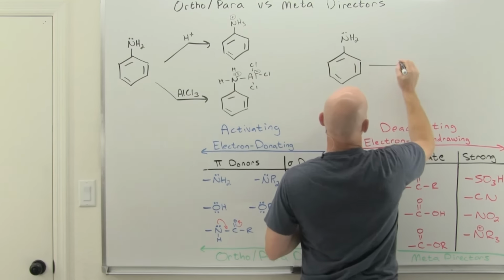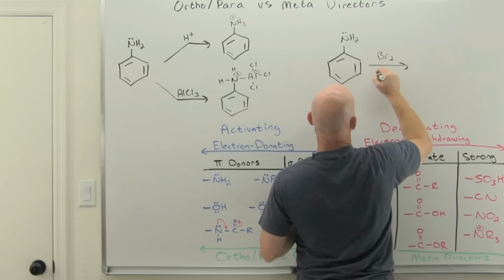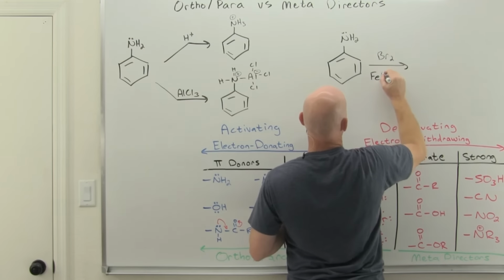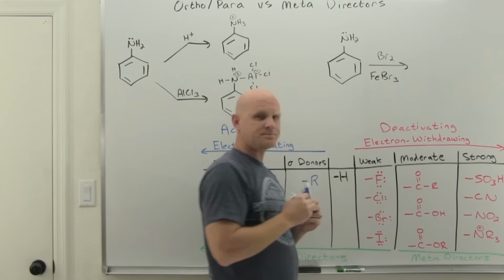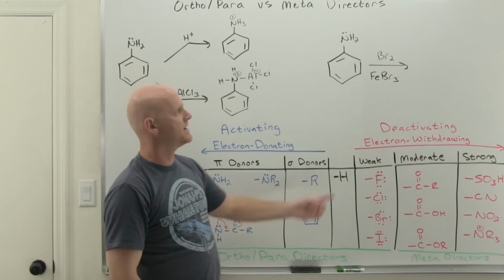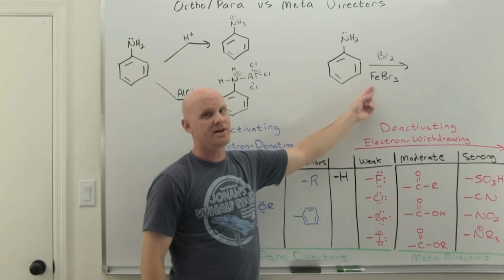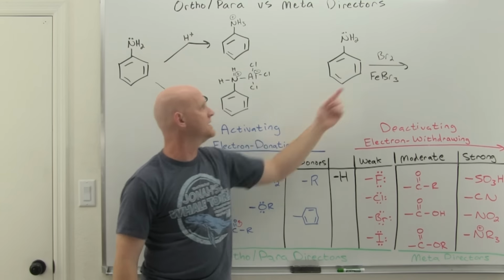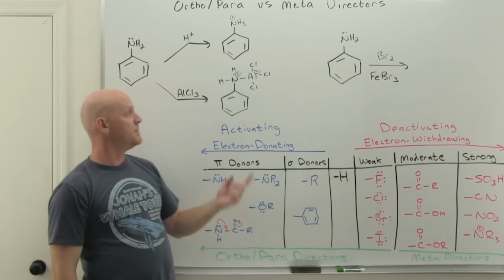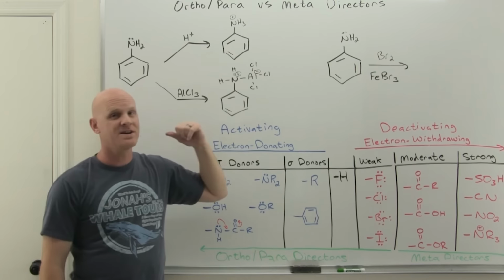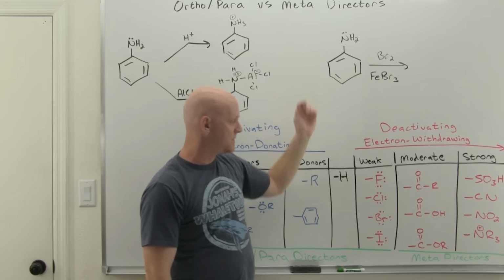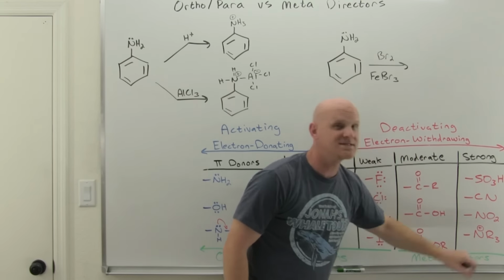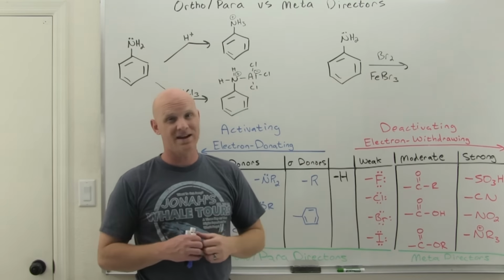And so in this case, let's say we go Br2 and FeBr3. Well, if we do the reaction here, because there's a Lewis acid present, first thing that's going to happen is the nitrogen's going to end up bonded to the iron. In this case, instead of to aluminum, it'll be to iron. But that's going to leave nitrogen with a positive formal charge, and as a result, you'd end up with one of these meta directors instead of an Ortho-Para director, and the substitution is going to happen meta.